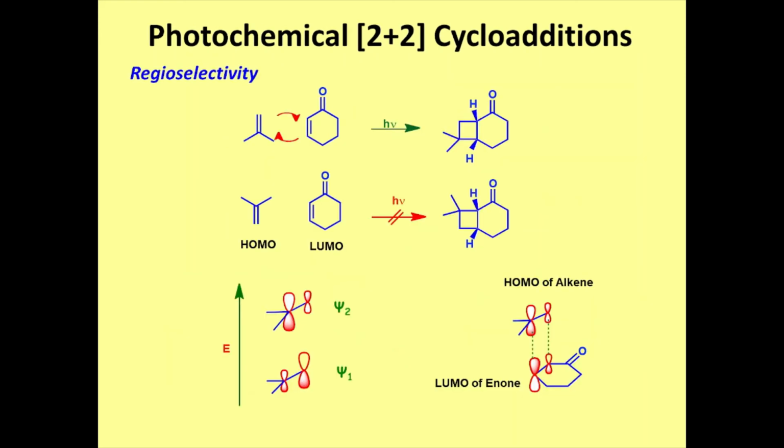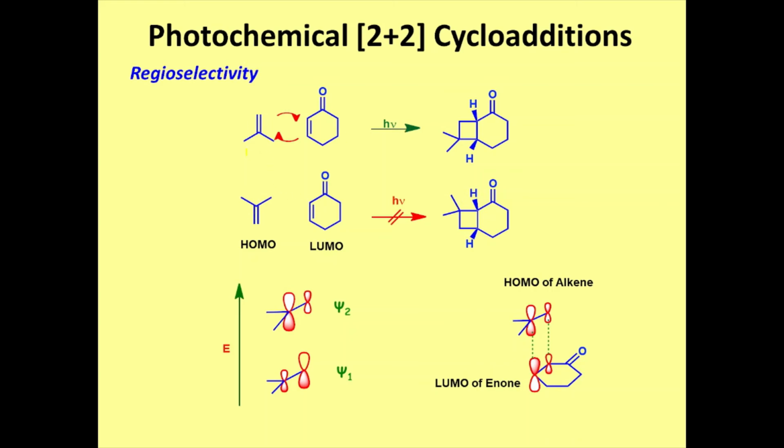For example, here, if the olefin is terminally substituted on one side, and it reacts with an alpha beta unsaturated ketone, under photochemical irradiation we might end up with this kind of molecule instead of this one. So here you can see this part is quite hindered, so the olefin will not approach that way.